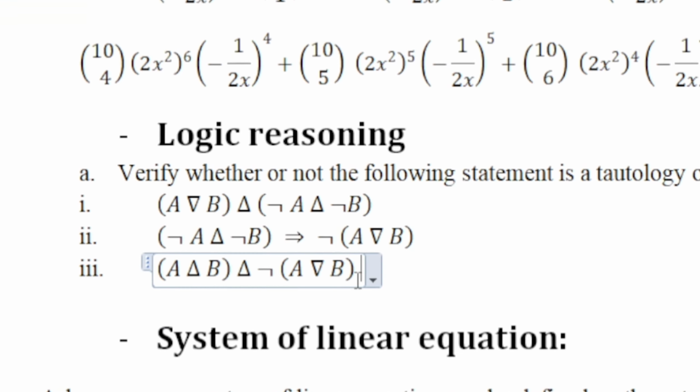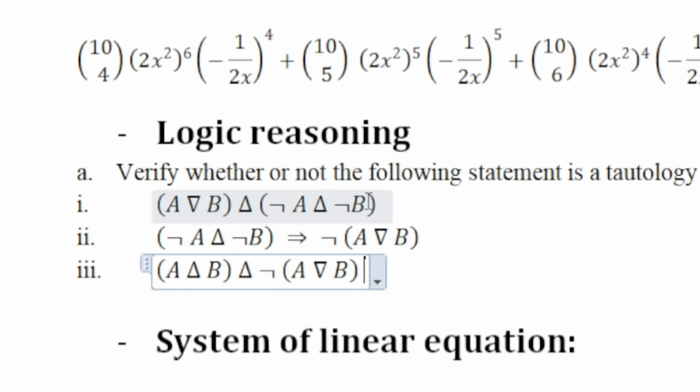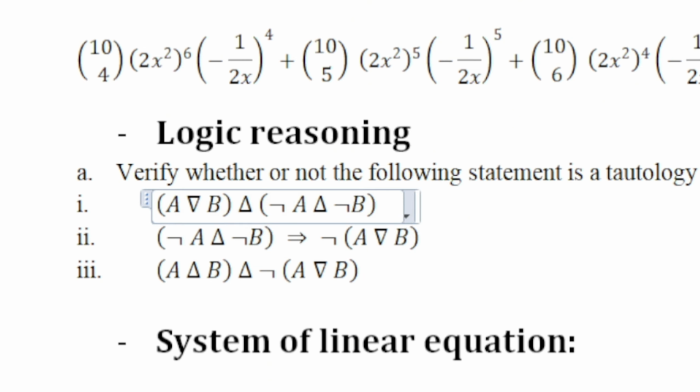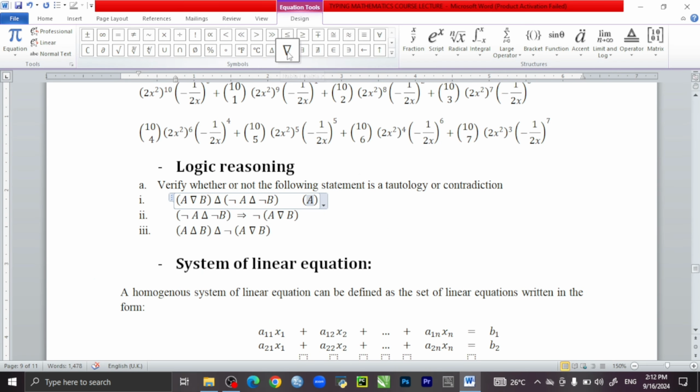For logical reasoning, you must have seen something like this before. So very simple to achieve. Just start with your bracket, okay, capital A, then that sign that you want, your or sign. You go to, you see it here, put your sign and you see it there generally.